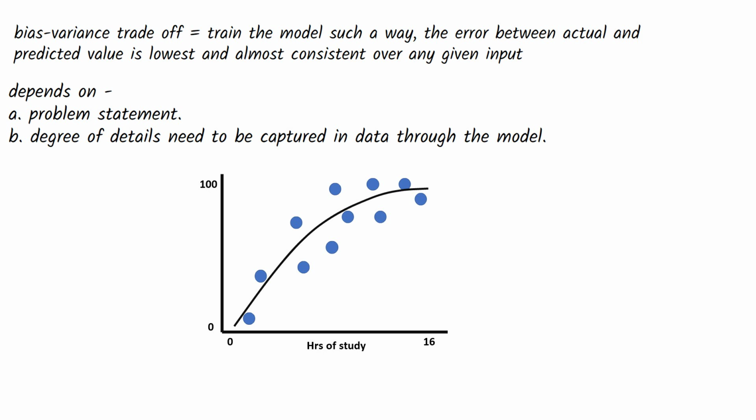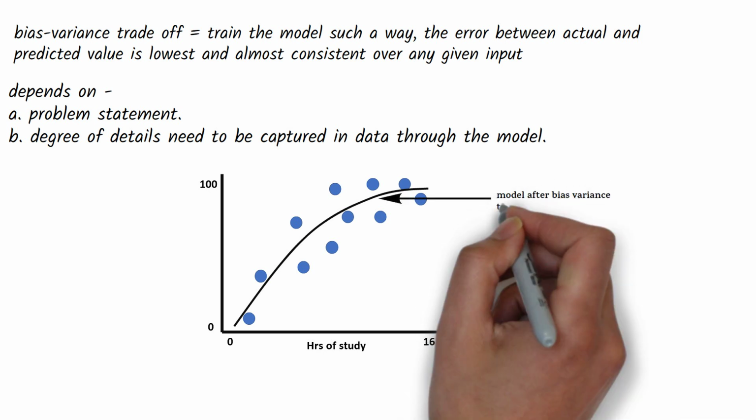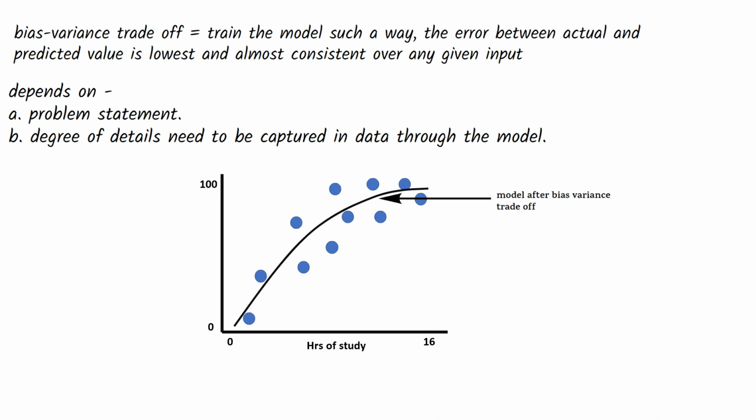Hence, just by giving it a little bit of bias and reducing the variance, we have got this good model. So that gives steady predictions on any new unseen data. So this is the result of the bias variance trade-off we just made. I hope you have a clear idea now of what bias, variance and the bias variance trade-off are.